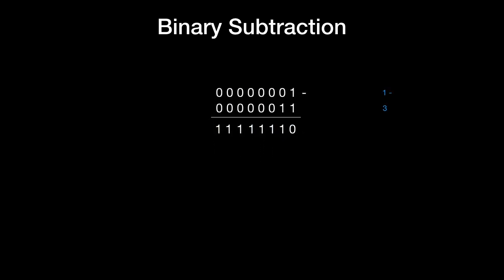So let's do the counter check in the decimal system. 1 minus 3 is minus 2, but if you look at the number 11111110, that's 254. That doesn't look like minus 2.